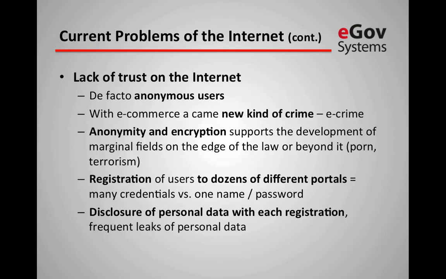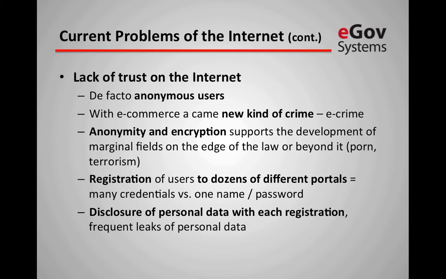Hence, we can say that there is a lack of trust on the internet, which is one of today's major problems. This is caused primarily by the fact that on the internet the users are actually anonymous and they don't have a verified or trusted identity.